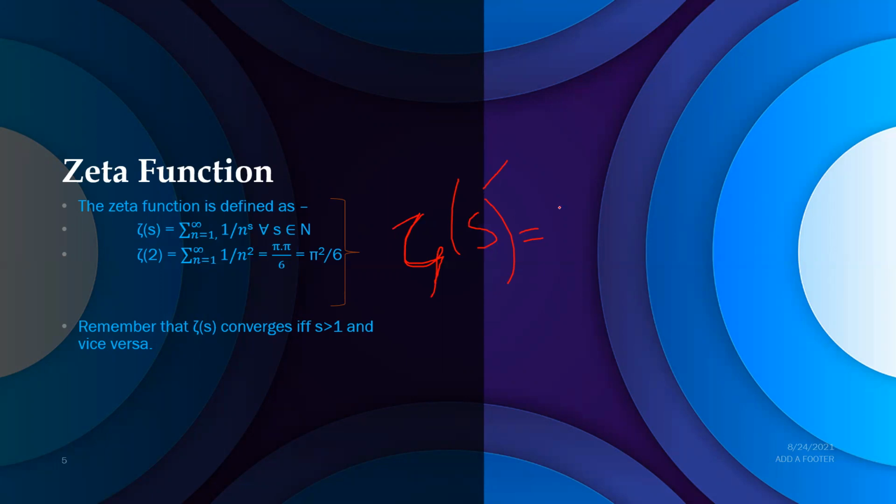If s is 1, we will have 1 plus 1 by 2 plus 1 by 3, and it goes on and on, 1 upon any very large number.